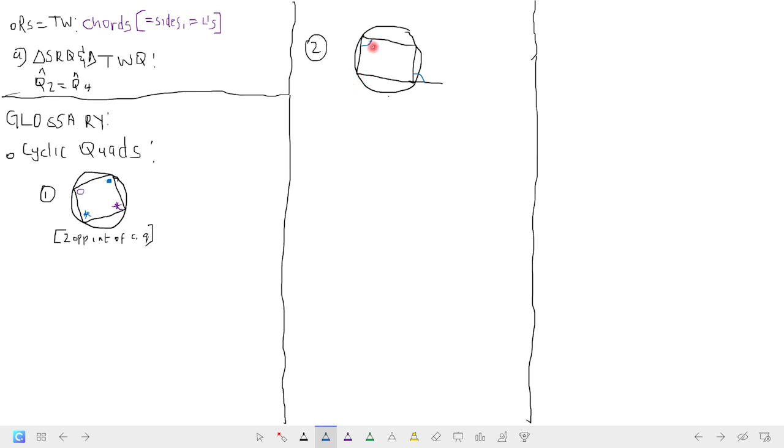You look for the angle adjacent to this one, which is this one, and then look at the opposite one. That's how you find the opposite interior, right? So the exterior of a cyclic chord is equal to the opposite interior.